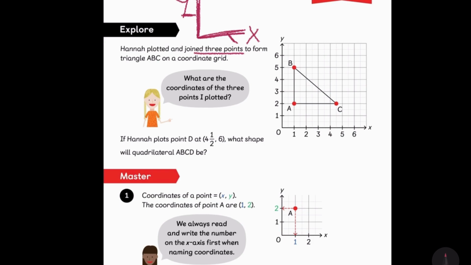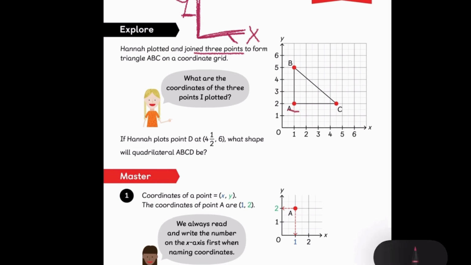So first, let's begin with her 3 coordinates. To understand, if you see A, how I'm going to figure this out is, this is 1 on x-axis. We always start reading from x-axis, the main key.